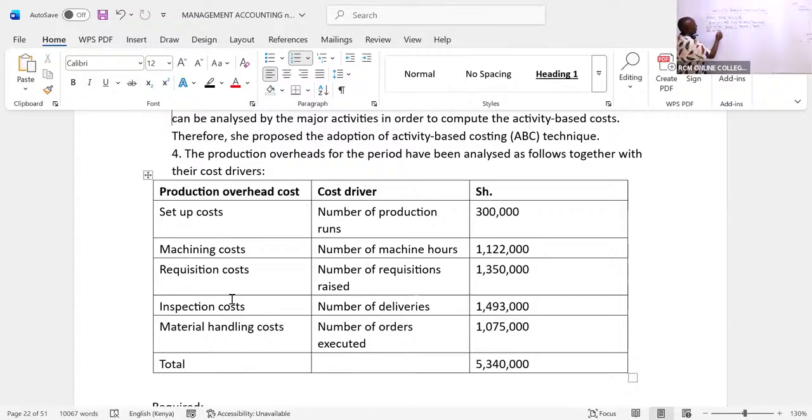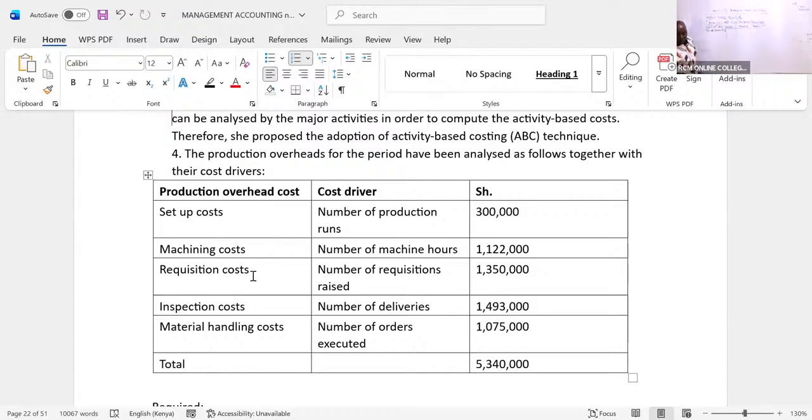The cost driver there is the number of production runs. So number of production runs, how many do we need?